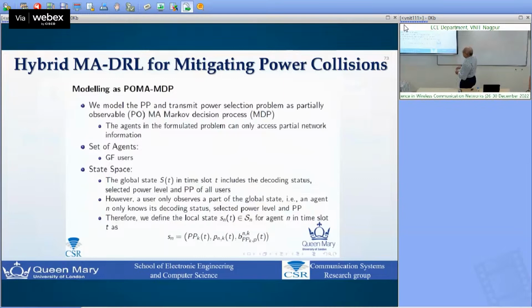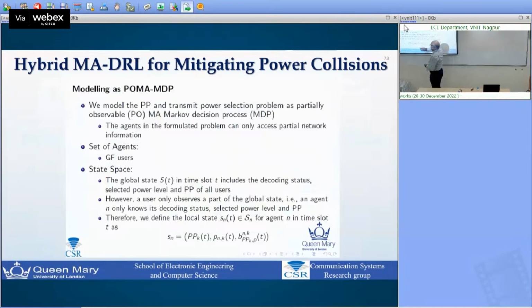So the state in a particular time slot S_t includes the decoding status, selected power level, and power pool of the users. Here we define the local state for an agent n.